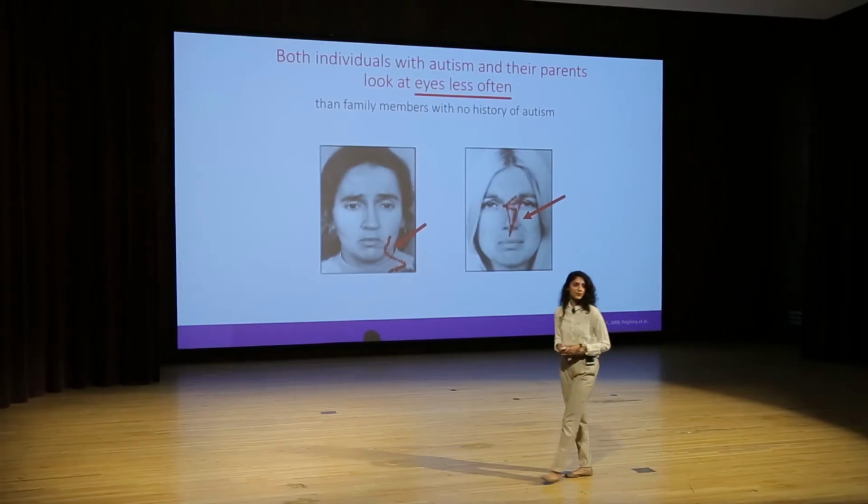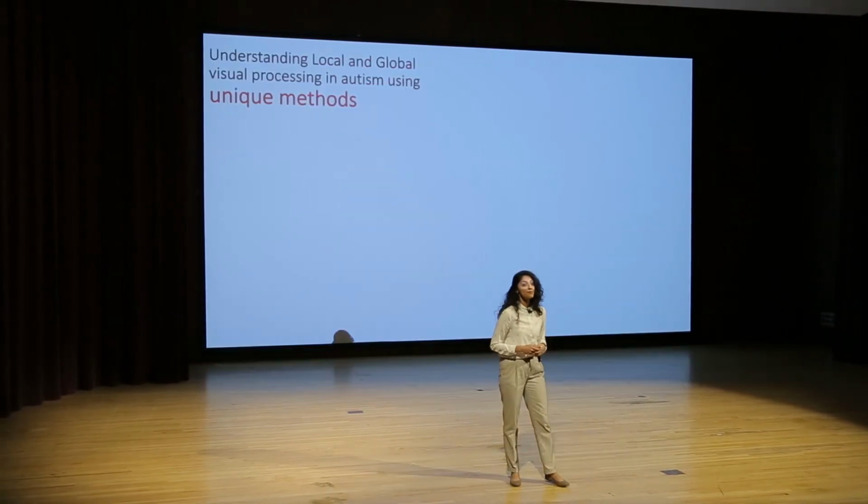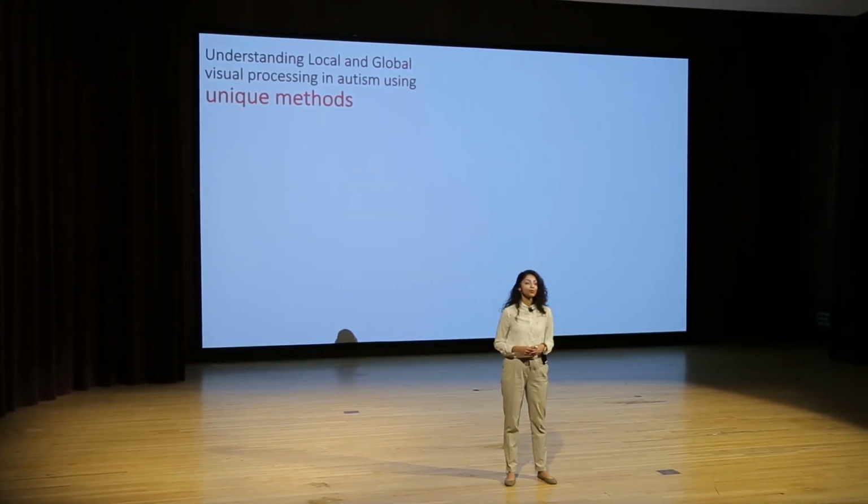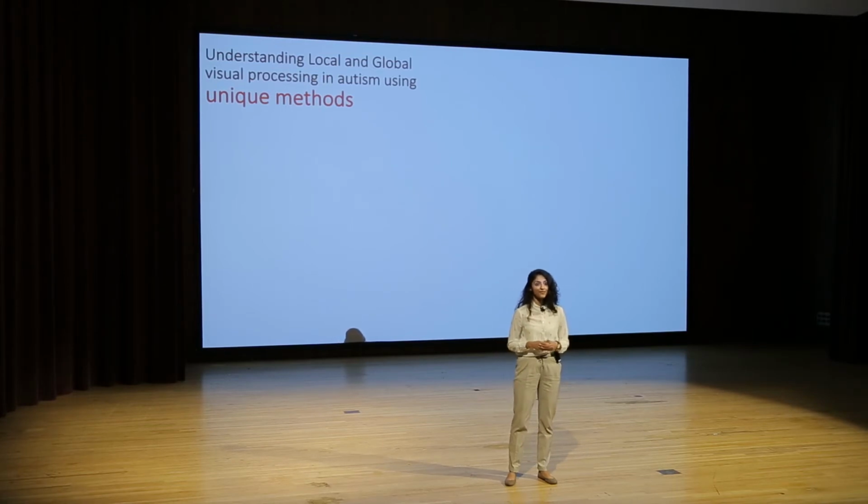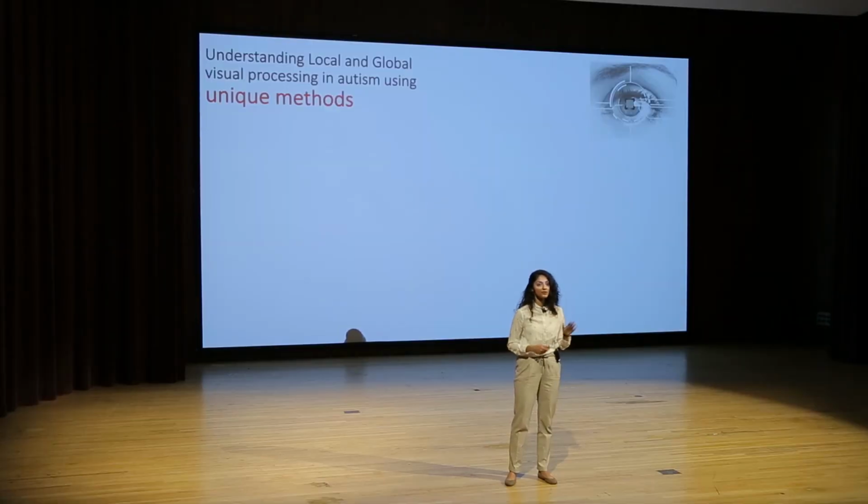Now, this is the focus of my work. My work explores local and global visual processing in individuals with autism and their parents using multiple methods. The first is using eye tracking to track where their eyes are looking at those Pac-Man shapes.